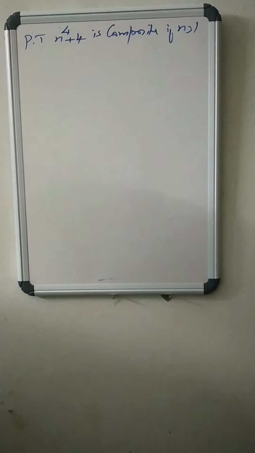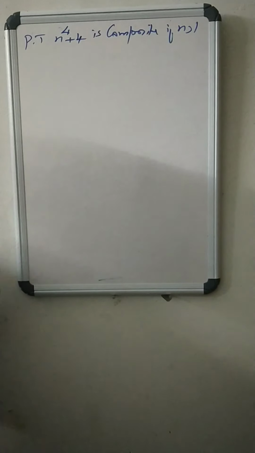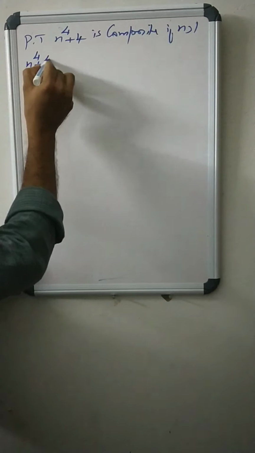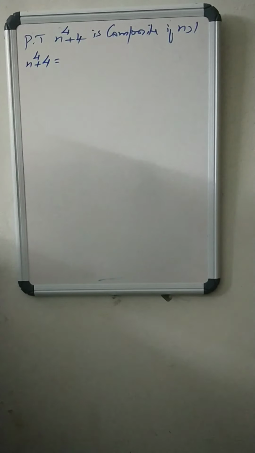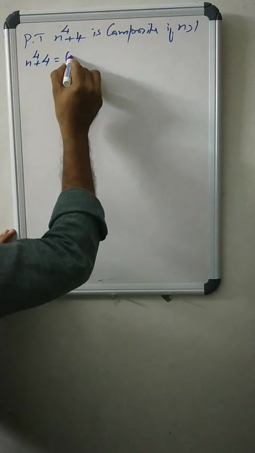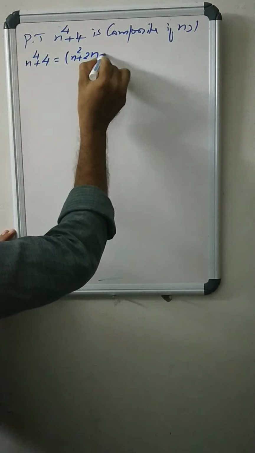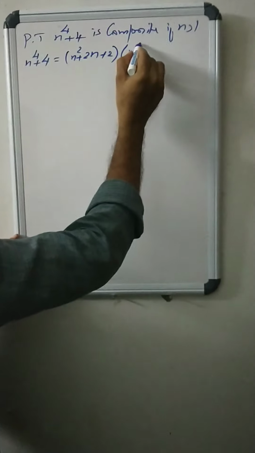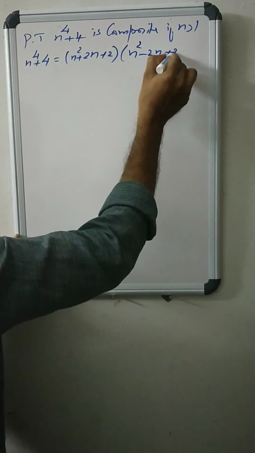This can be proved using the idea that a composite number can be expressed as a product of primes. So n power 4 plus 4 can be rewritten as (n square plus 2n plus 2) into (n square minus 2n plus 2).